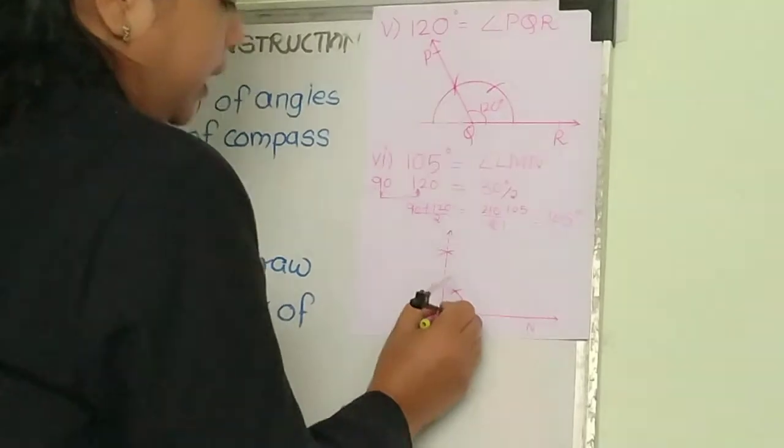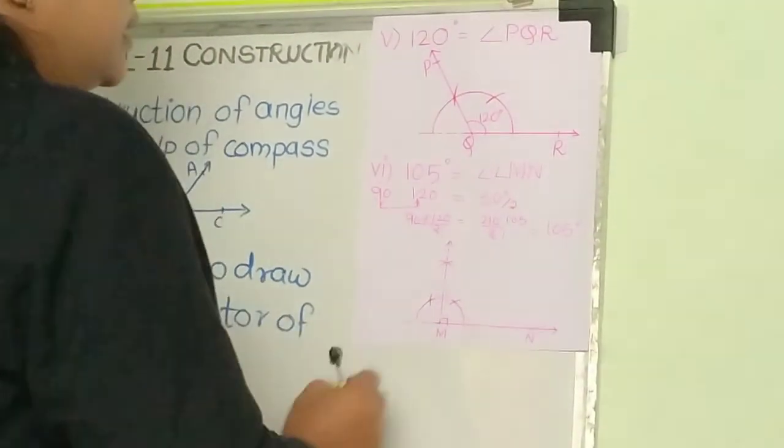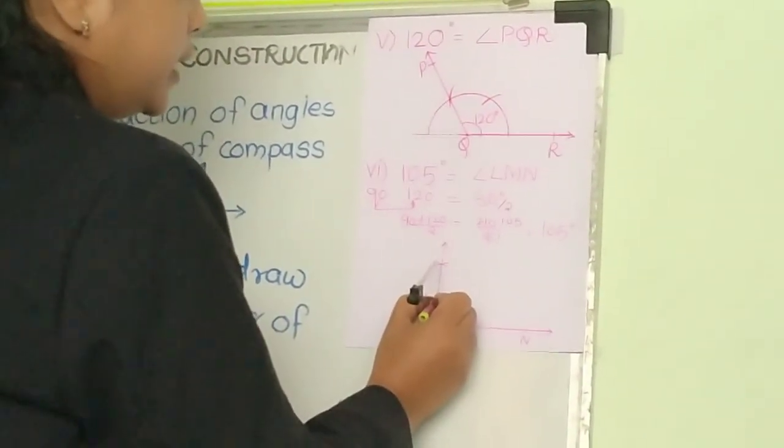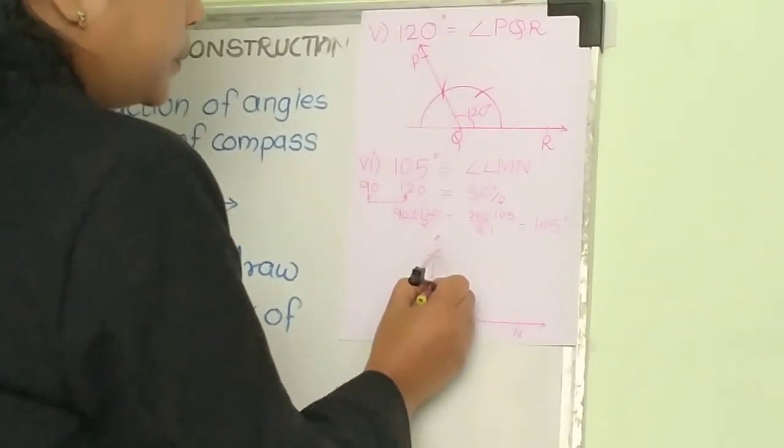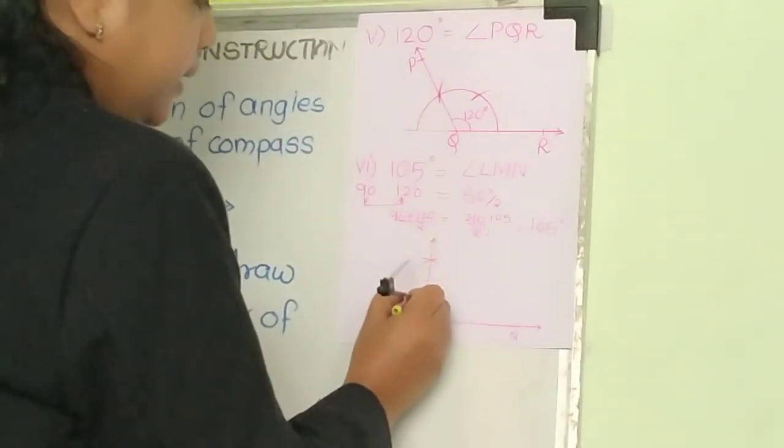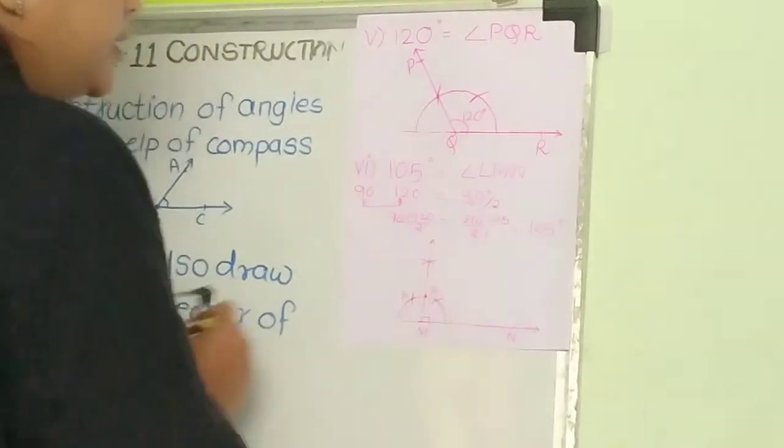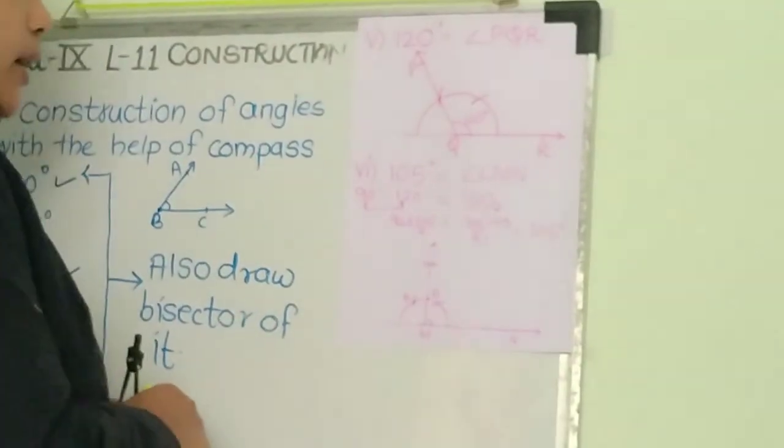So it is now 90 degrees. See here we get the 90 degree point. Suppose it is A, and here the second arc is of 120 degrees, call it B.